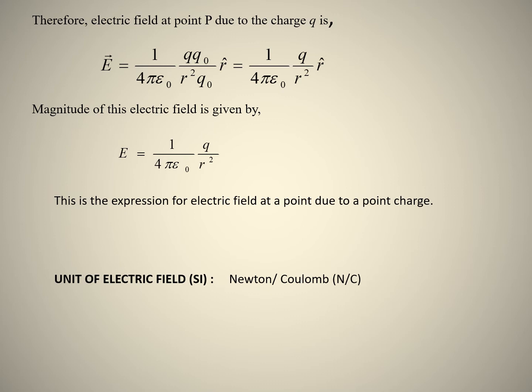In vector form, E vector will be equal to 1 by 4 pi epsilon naught Q by r square into r cap, where r cap is the unit vector along the direction of small r vector.